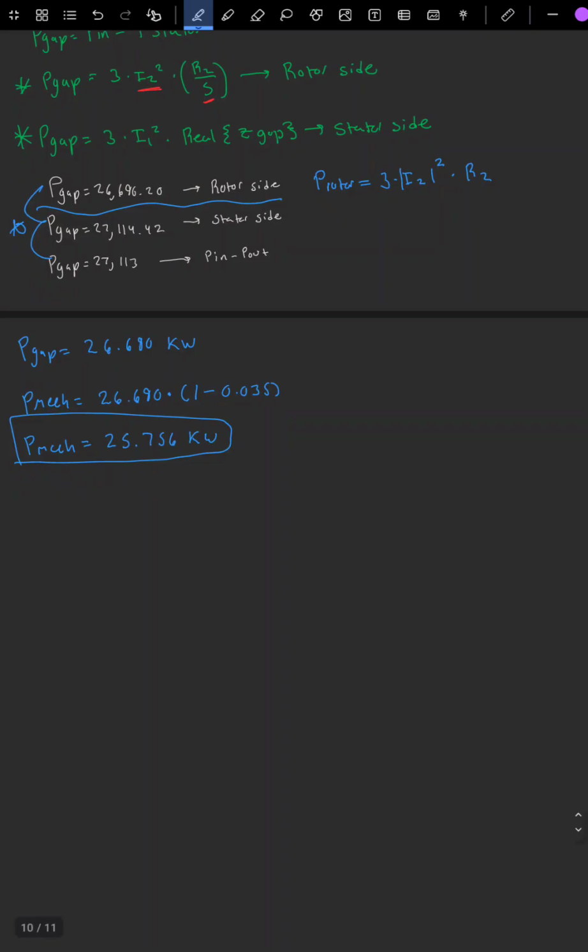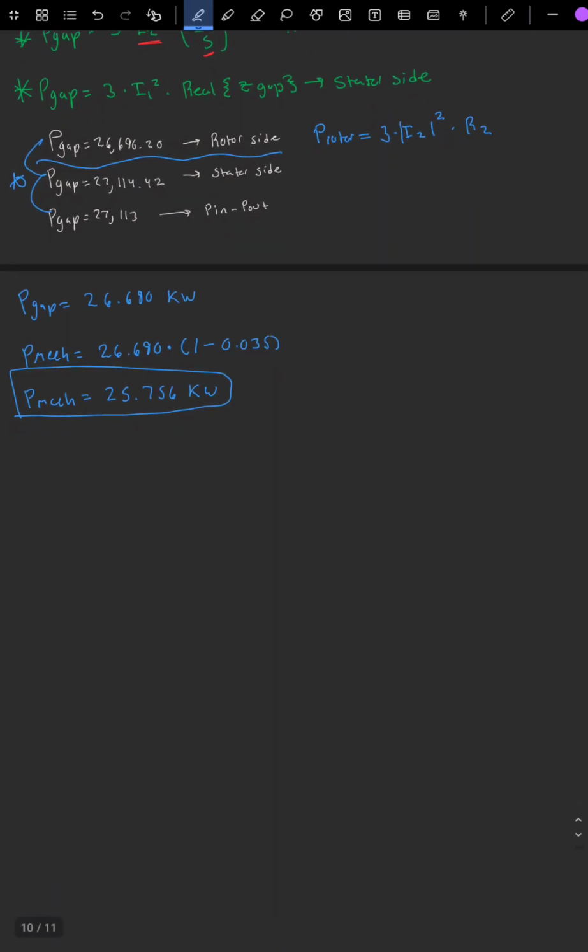But now let's find P rotor, which we already said earlier equals this, but we don't know I2.